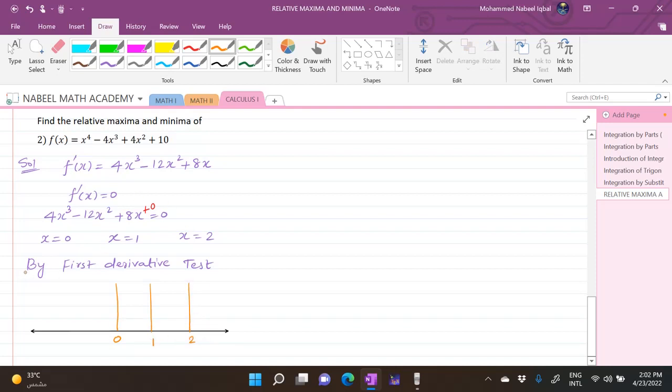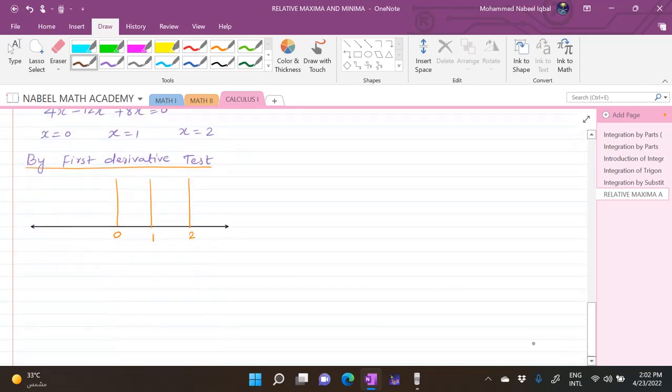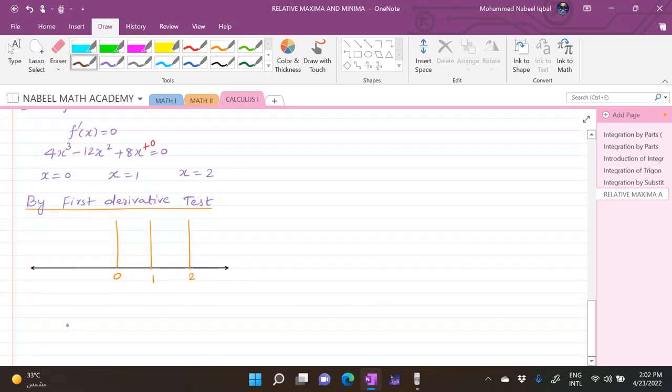I have to use the first derivative, so I will take the function f prime. So what is f prime? f prime is equal to 4x power 3 minus 12x square plus 8x.